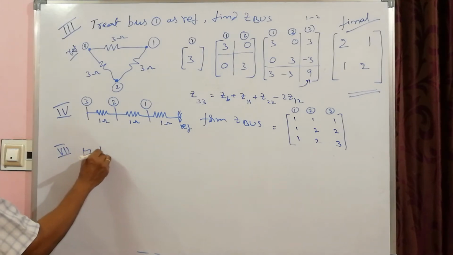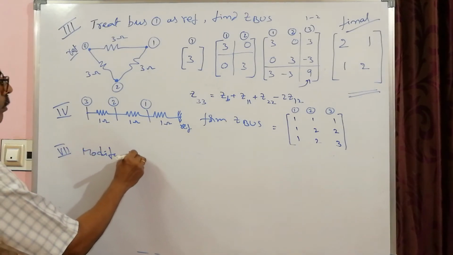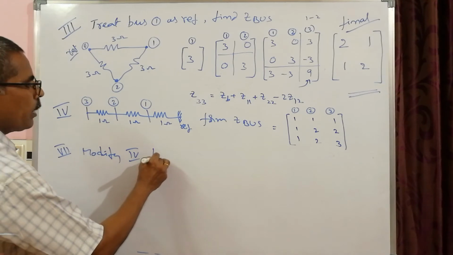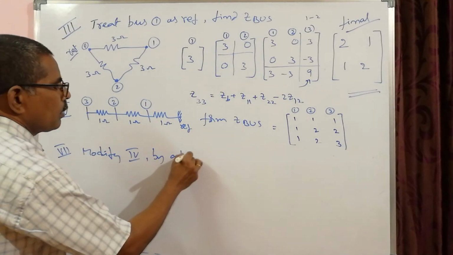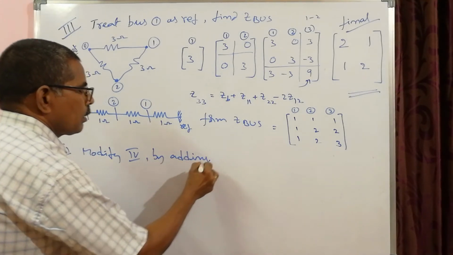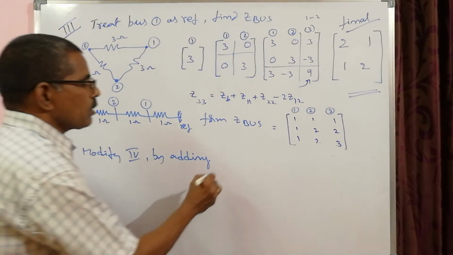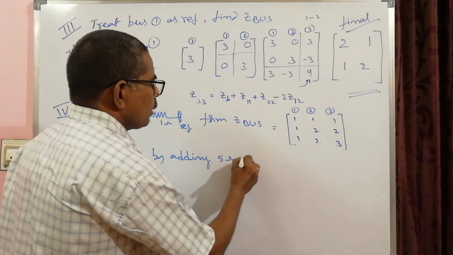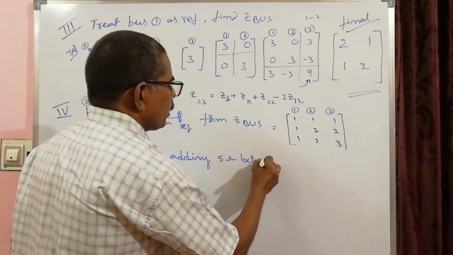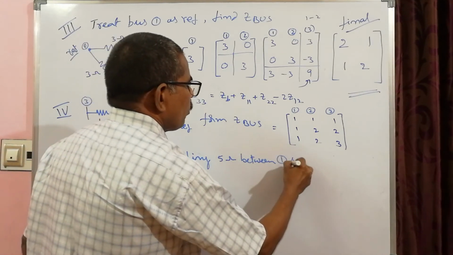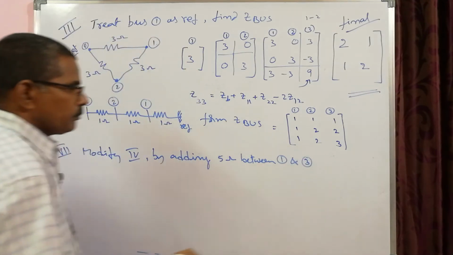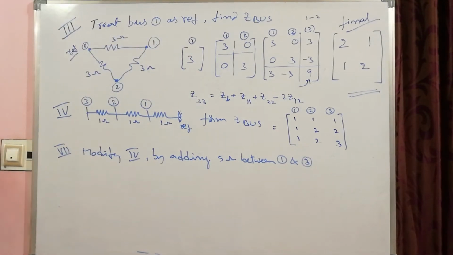Modify 4 by adding 5 ohms between 1 and 3. So, this is another case.